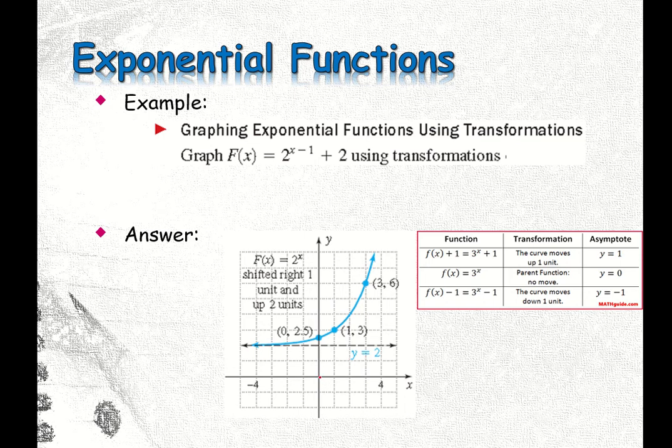This is our origin here, 0, 0. So you move 2 units up, 1, 2. This is where your asymptote will be. Now the graph is shifted to the right 1 unit.